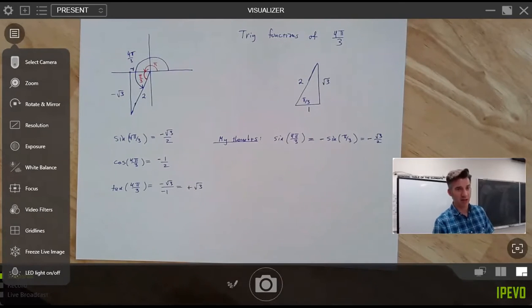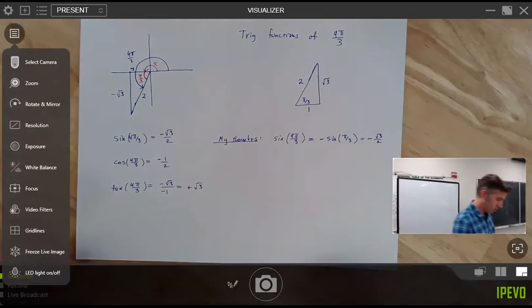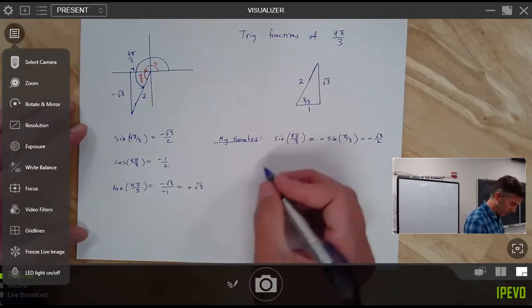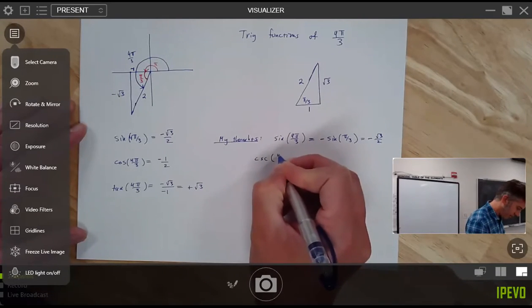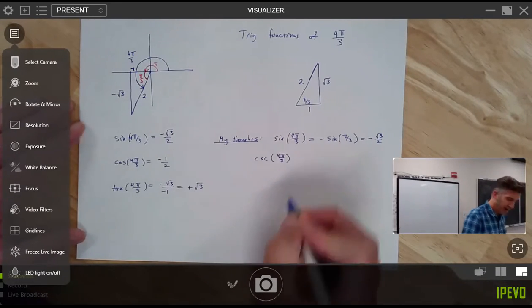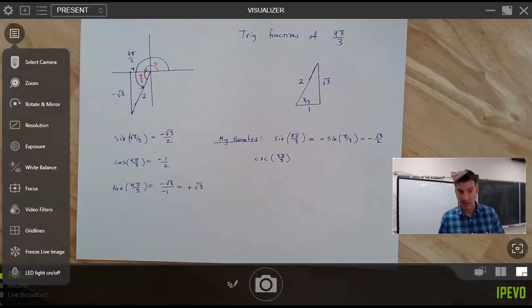And let's go ahead and talk about the other ones as well, because what I want to say about the other three reciprocal trig functions is they all have the same positive or negativeness as their original function. So cosecant, and I didn't leave enough room to write them side by side, sorry. Cosecant of 4 pi over 3 has to be negative because sine is negative.